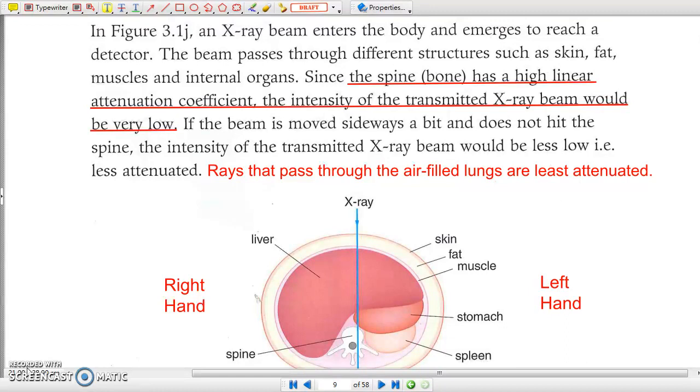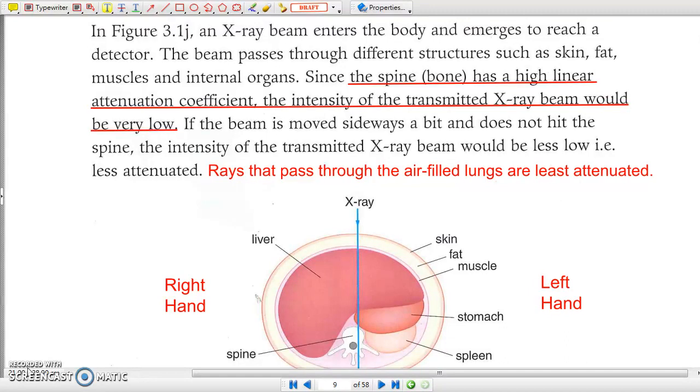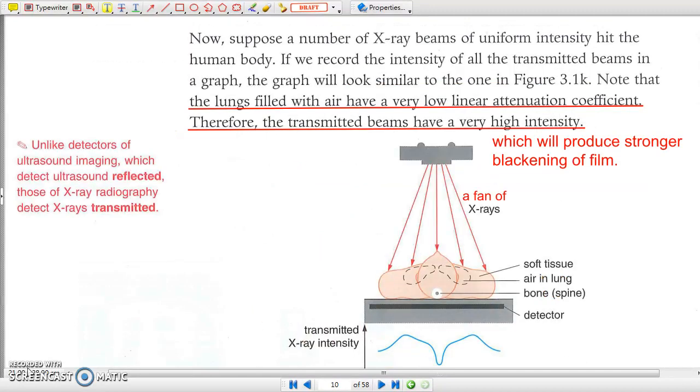On the other hand, for the rays that pass through the air-filled lungs, they are least attenuated, and so the transmitted X-ray would be quite strong, which will then produce a stronger blackening of the film.